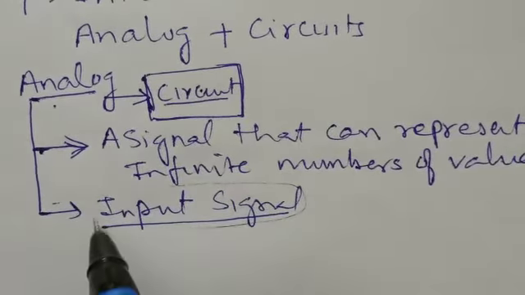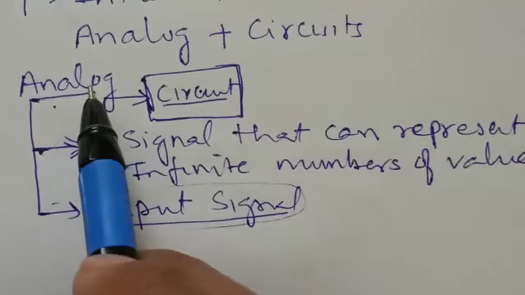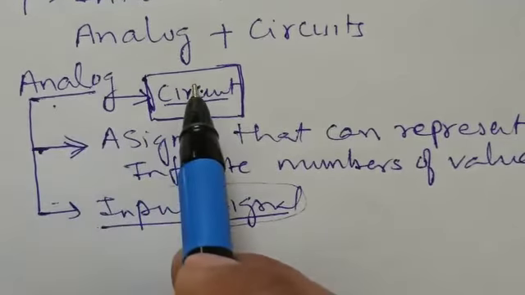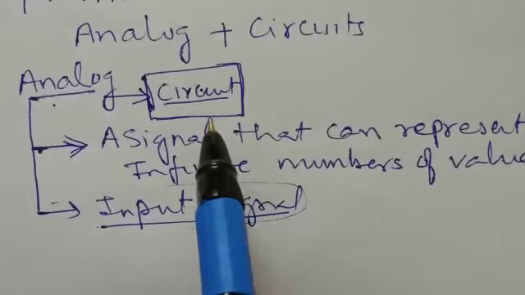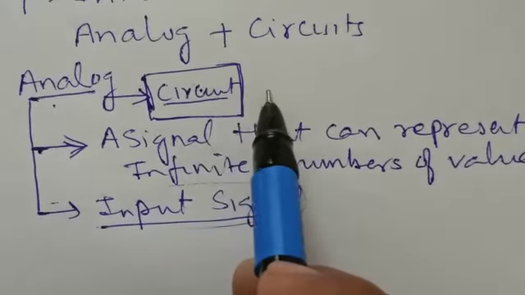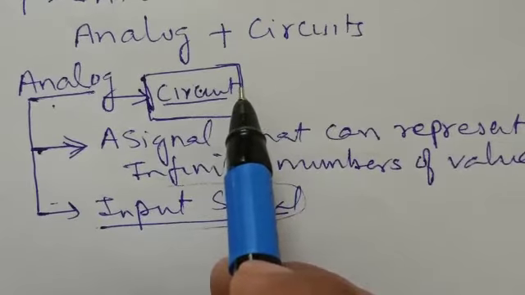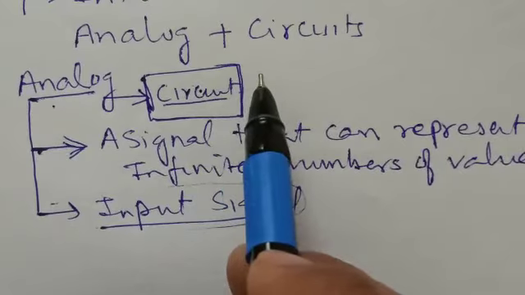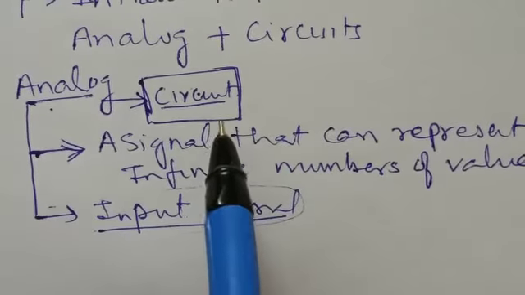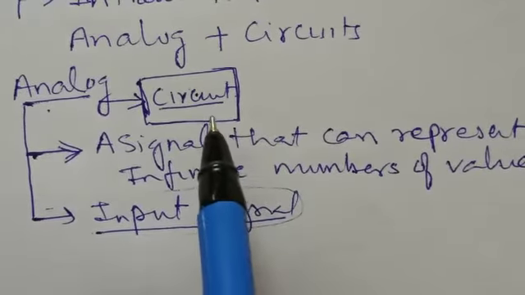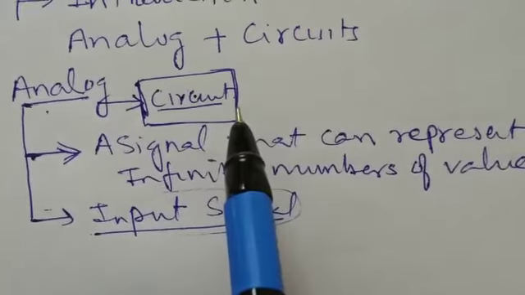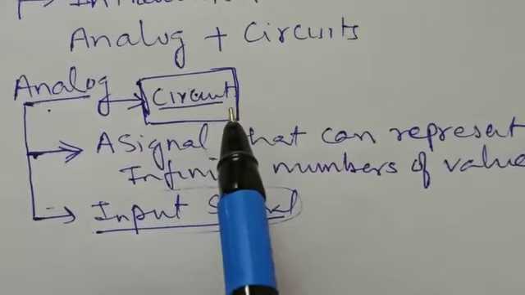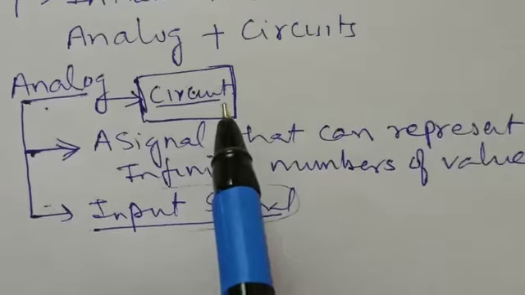So the circuit which can process analog signal is called analog circuit. And circuit means, as we know, a combination of different electronic components and devices that can provide a path for the flow of current.